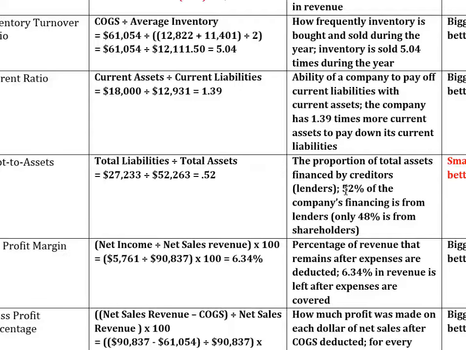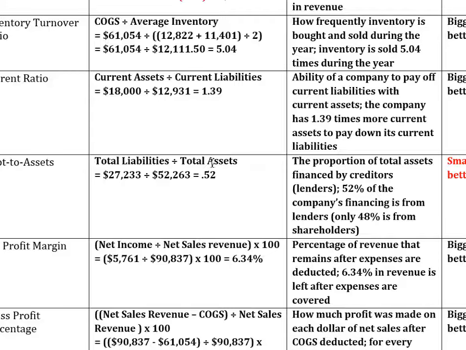So this tells us that 52% of the company's financing is from lenders. So that means only 48% of it is coming from shareholders. So again, that means that 52% of my financing of my assets is coming from liabilities.